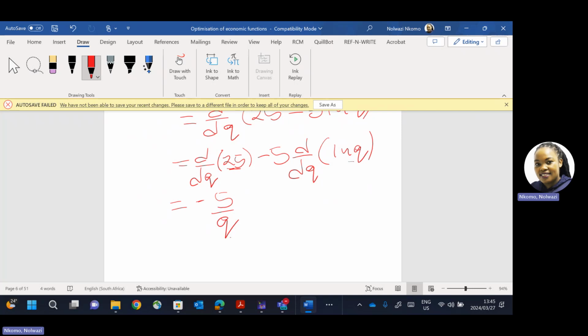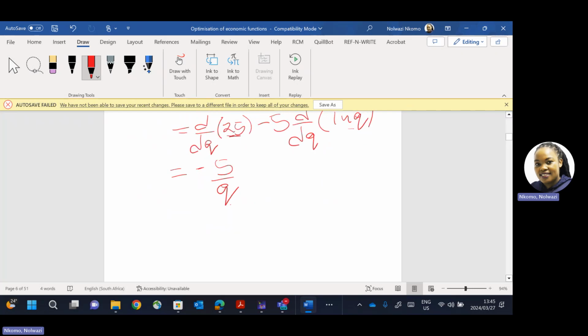Okay, and our Q is 148. So this means we have T double prime of 148, which is minus 5 over 148, and this is less than 0. The answer here, if you punch this in your calculator, will be less than 0, right?